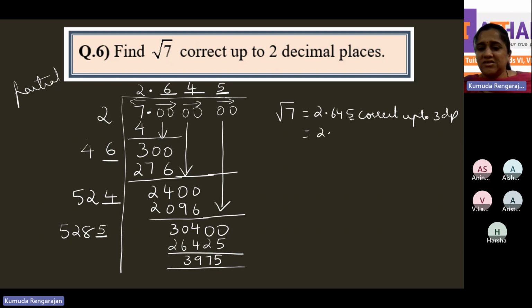You know this, right? When this digit is 5 or more than 5, you add 1 here. So it becomes 2.65. Rounding off: if the last digit is 5 or more than 5, increase this one by 1. So 2.65, correct up to 2 decimal places.